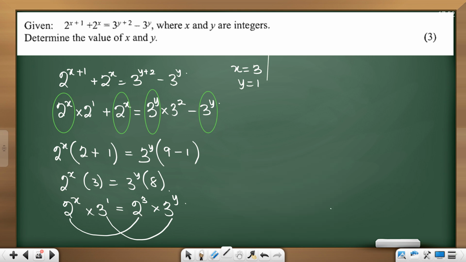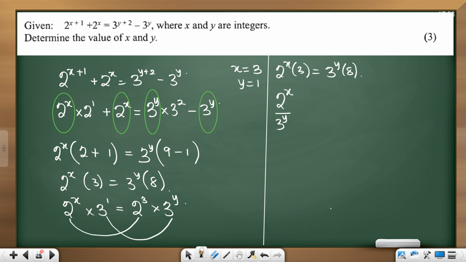In case you are confused, I have 2^x multiplied by 3. Let's put all the ones with variables on one side. If I divide by 3^y, I'll have that right, and this would be 8 over 3. Check this. 2^x over 3^y is 2^3 over 3^1.